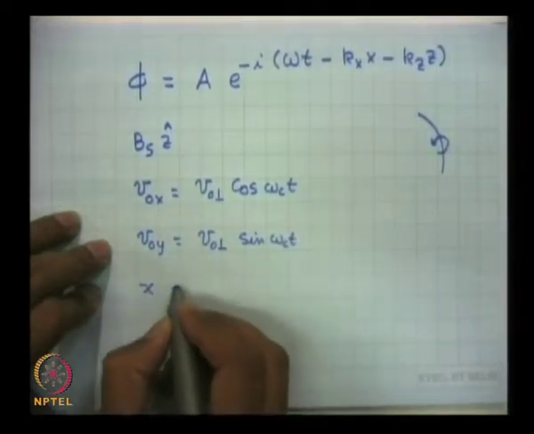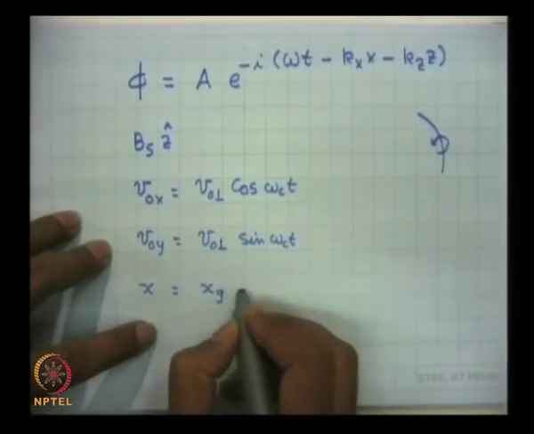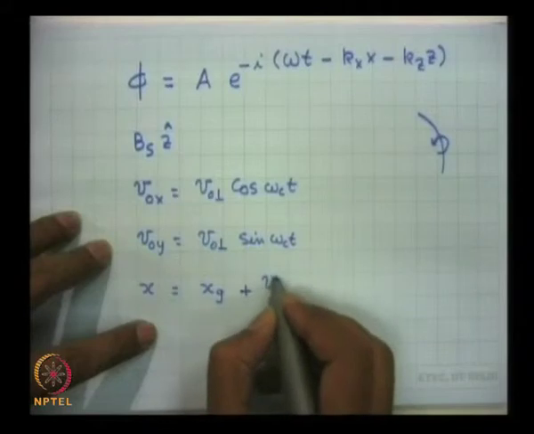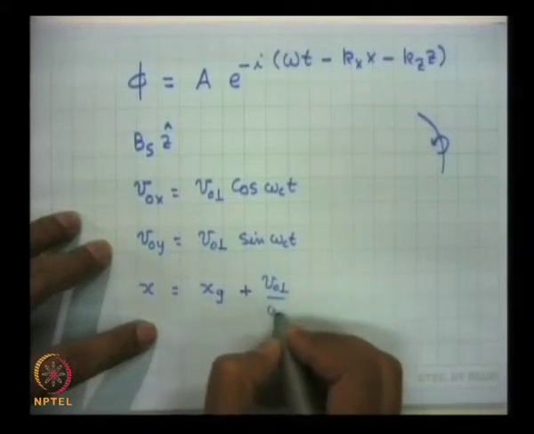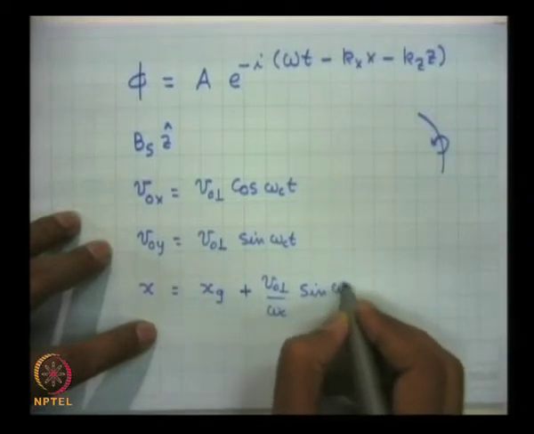X was the guiding center coordinate plus v0 perp upon omega c sin omega c t.